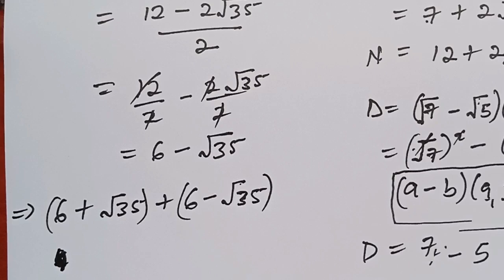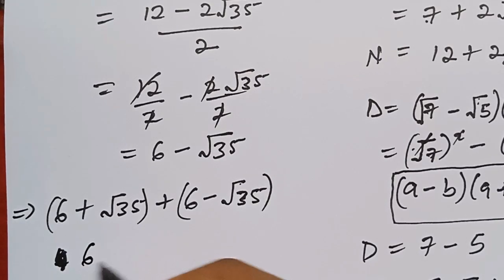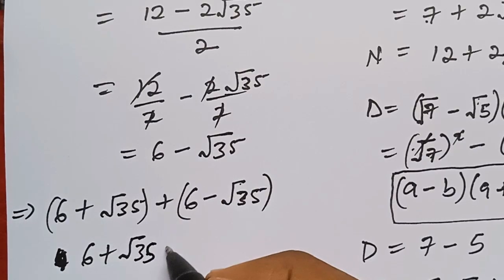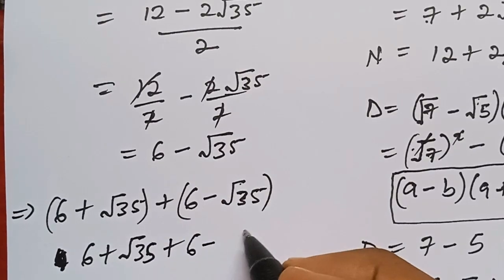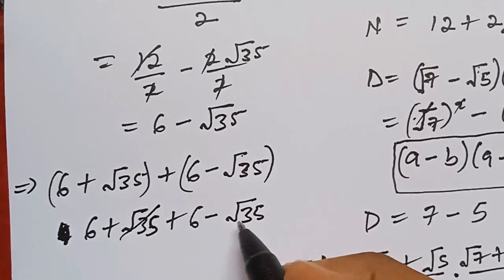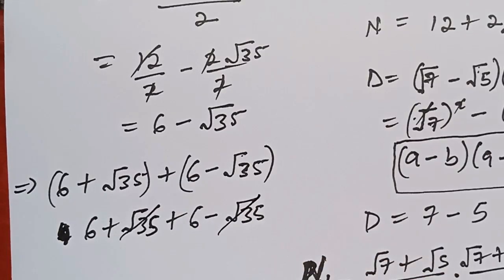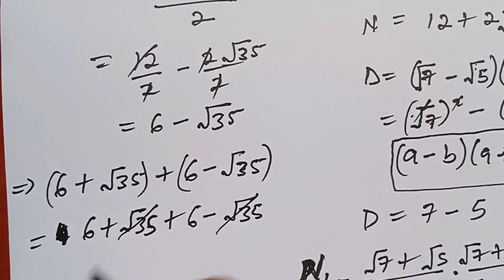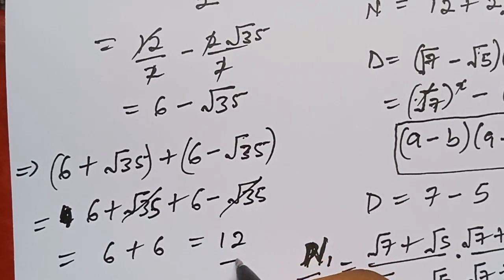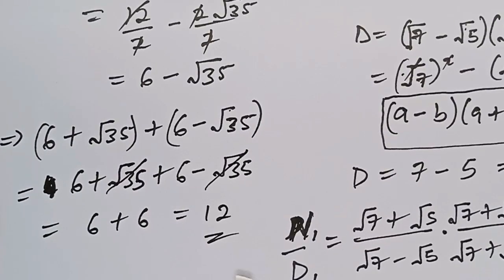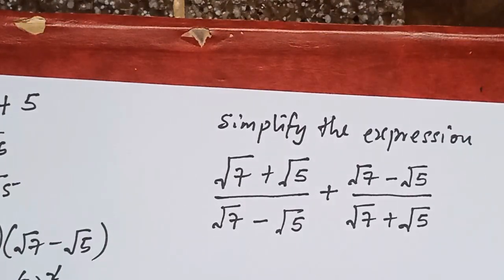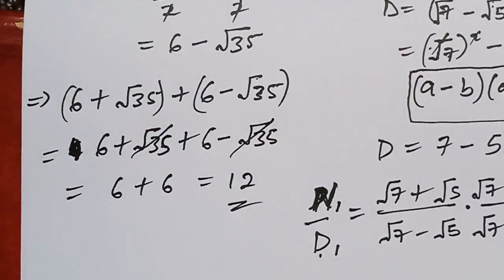Okay, so if we open the bracket, we have 6 plus square root of 35 plus 6 minus square root of 35. So square root of 35, we cancel minus square root of 35. Then we are left with 6 plus 6, which equals 12. So our resulting answer is 12 for this radical expression. As you can see over here, our final answer is 12.